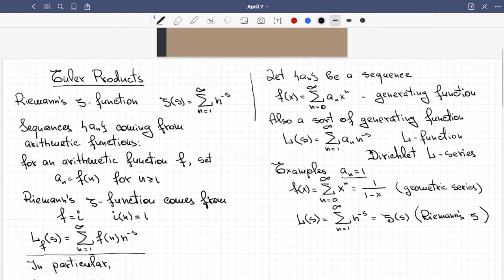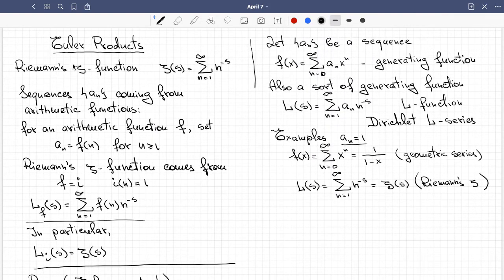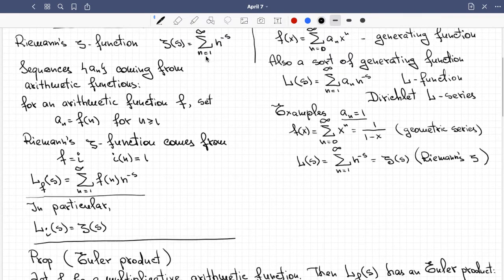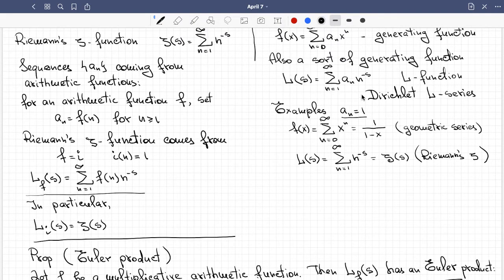So we started with Riemann's zeta function, defined in this way. We already met Riemann's zeta function in this class. This is our second approach. We looked at that and tried to generalize from here, defining what is known as Dirichlet L functions. Riemann's zeta function is a member of this family.